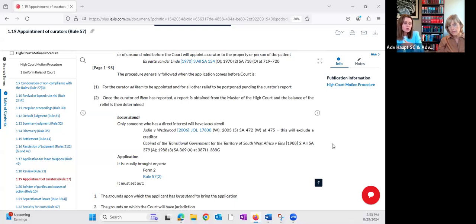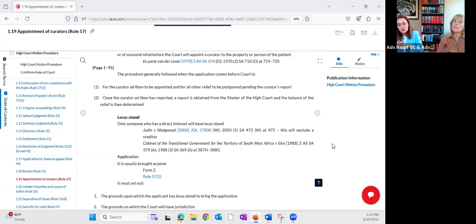You will obviously also then address who the respondent is, and this is the person against whom you are seeking the relief. But obviously, in terms of Rule 57, you will also refer to the master and say, but you're not seeking any relief against the master, but the application will be served on the master, because that's what the rule requires.